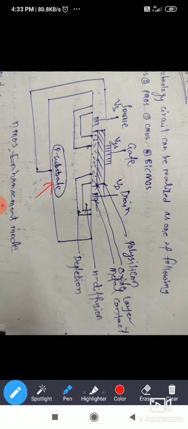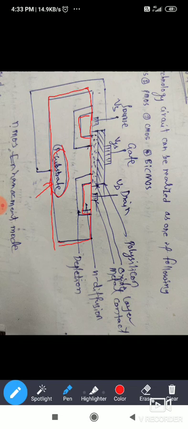This is always connected to the source terminal or ground. This whole thing is the P-type substrate, or P-type semiconductor bar, indicating the P-type substrate. And here, this is called the drain. This is called the source.